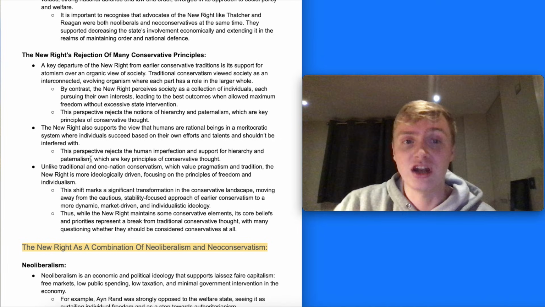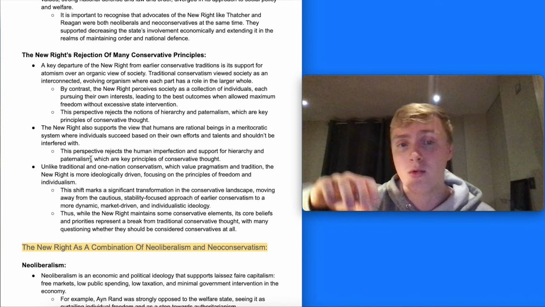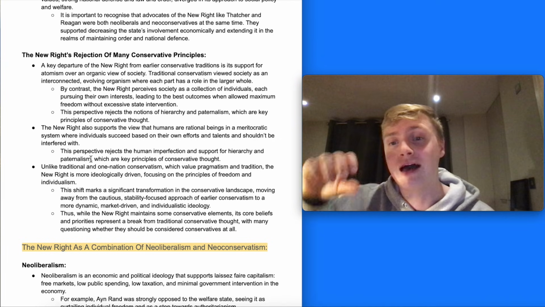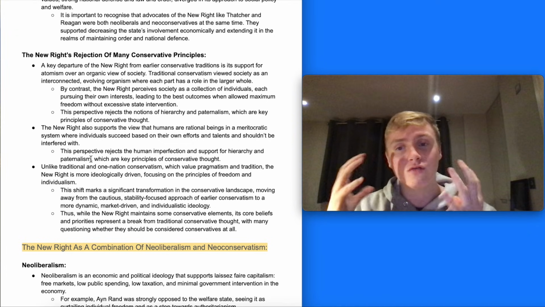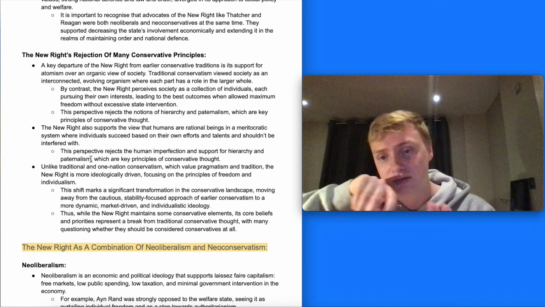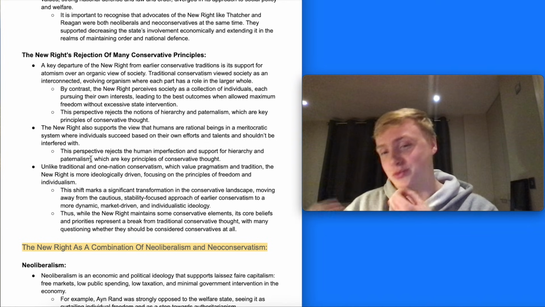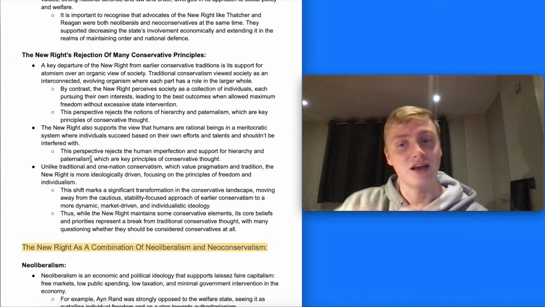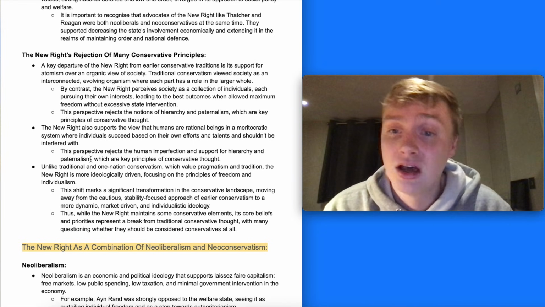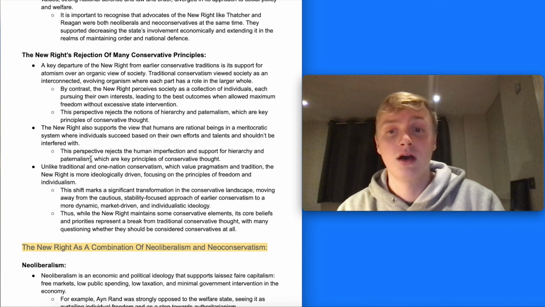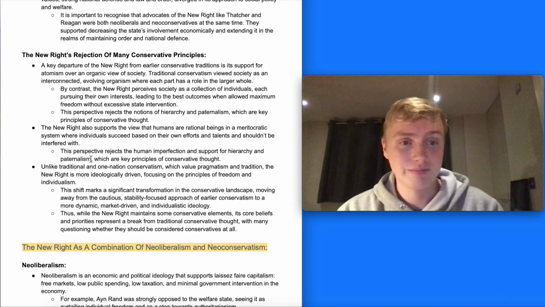Each one is pursuing their own interests, leading to the best outcome when allowed maximum freedom without excessive state intervention. So I'm not talking about this idea of a cohesive society, the idea of a unit in society. We'll look at, again, much more detail when we look at organic society, but each bit has its particular role. It's more just a collection of individuals, and then Thatcher even spoke of the idea that there's no society at all. She effectively said that.